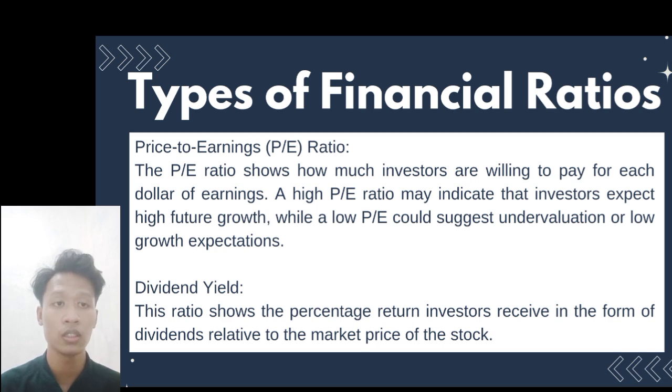This shows how much investors are willing to pay for each dollar of earnings. A high P/E ratio may indicate that investors expect high future growth, while a low P/E could suggest undervaluation or low growth expectations. Dividend yield. This ratio shows the percentage return investors receive in the form of dividends relative to the market price of the stock.